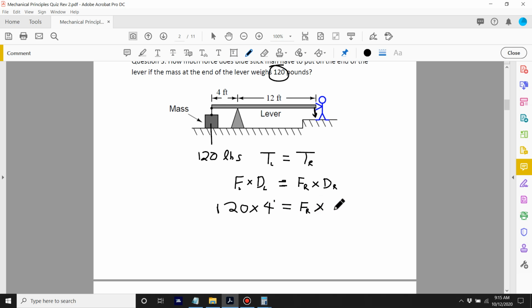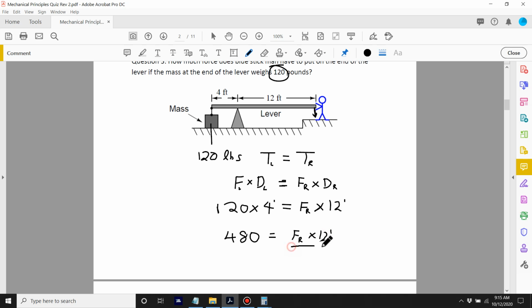Multiplied by the distance on the right, which is 12. Now, 4 times 120 is 480, is equal to F R multiplied by 12.